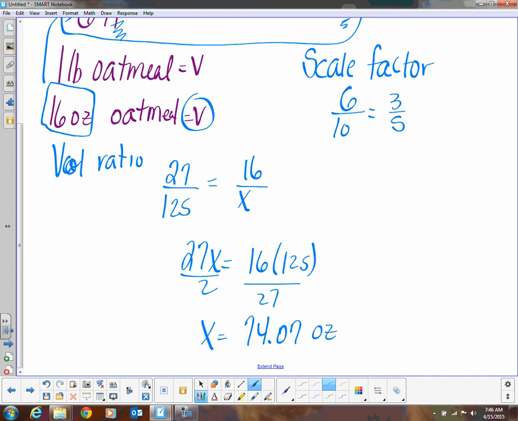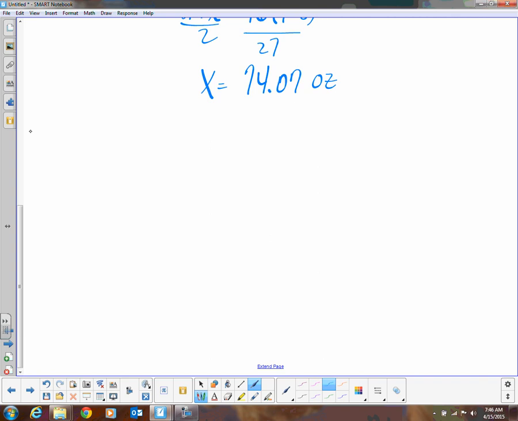What did 14 say? Ah, surface area. It's like 25, 125. So is this the scale factor? No. How does this reduce, by the way?